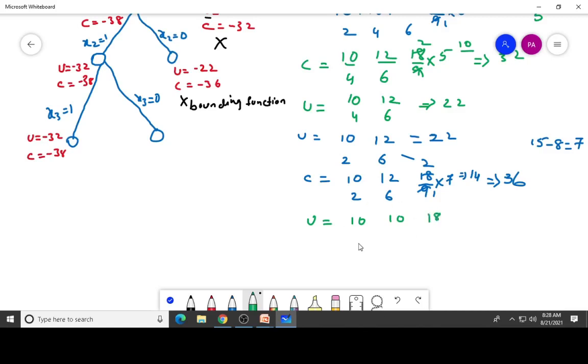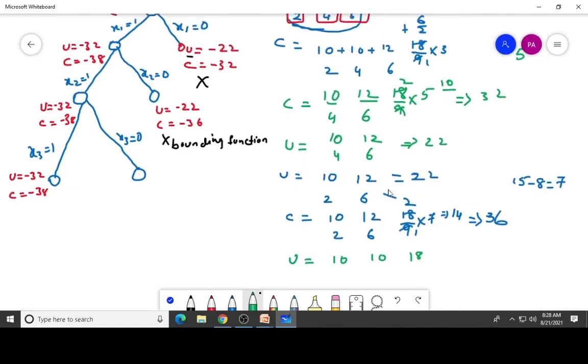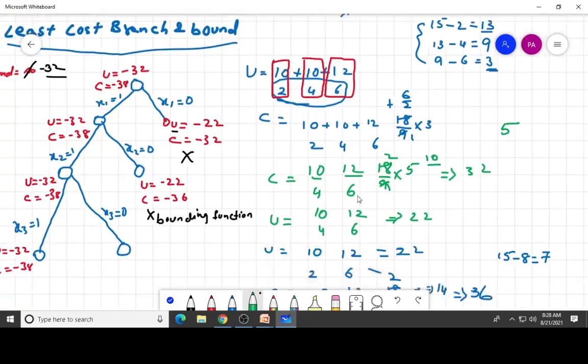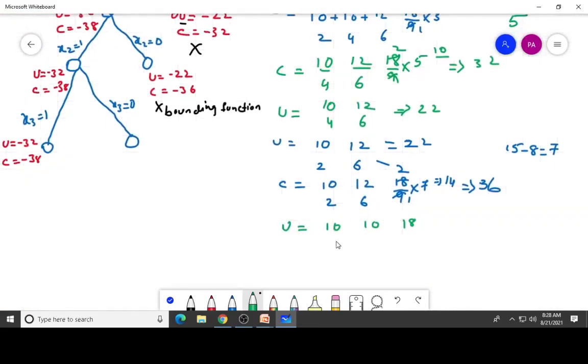So what is here in the table? The weights 2, 4, 9. So what is the total now? 9, 10, 11, 12, 13, 14, 15. So we got the answer 15 here. But what we got here? Here we got the 38.